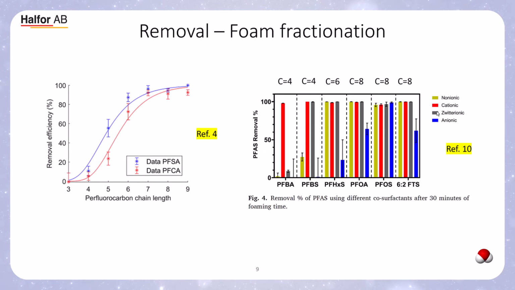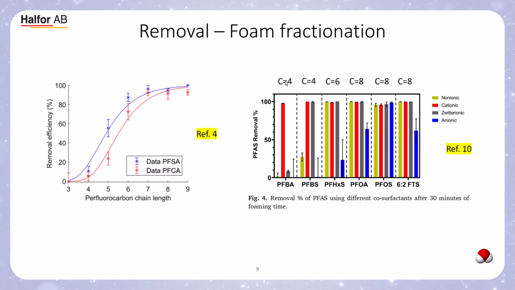And again, if you remember Water Tank Chat 11, I discussed the different types of PFAS and what non-ionic, cationic, zwitterionic and anionic was. Now in this table on top here, I have added the number of carbon atoms for the PFAS substances to make it simpler for you to understand the graph.